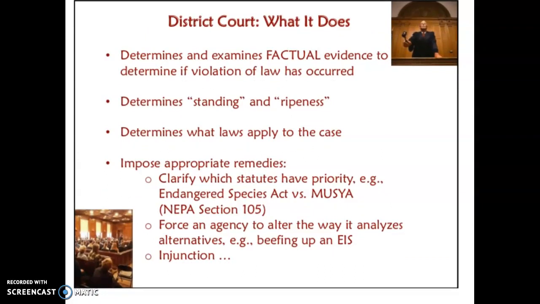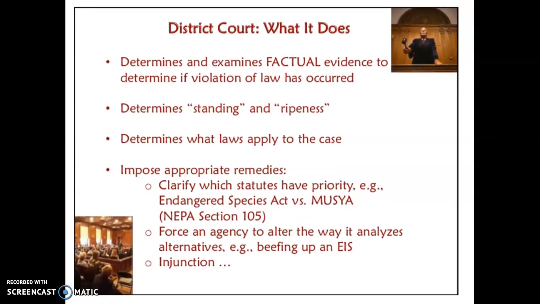So the judge will determine and examine the factual evidence to determine the substance of what is in question, and to determine whether or not a violation of the law has indeed occurred.